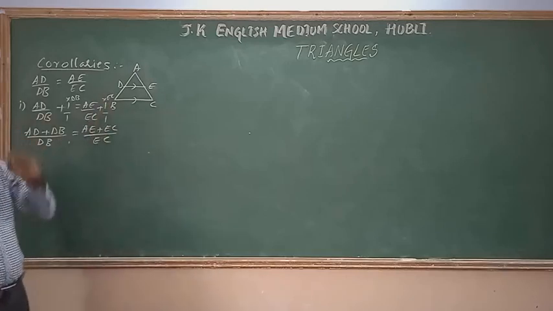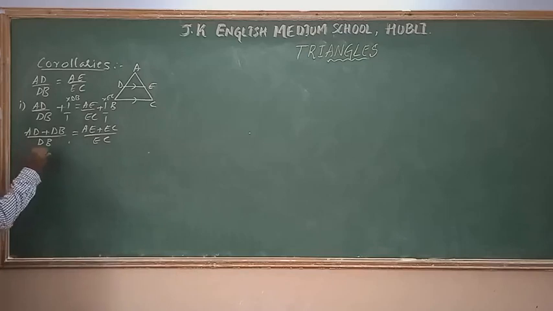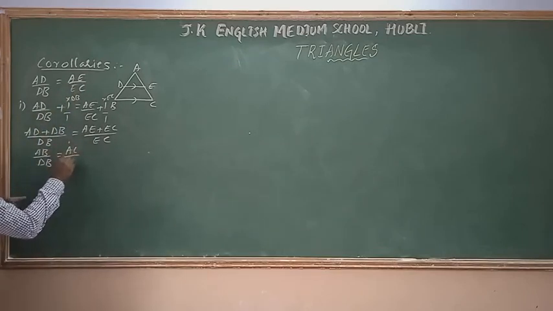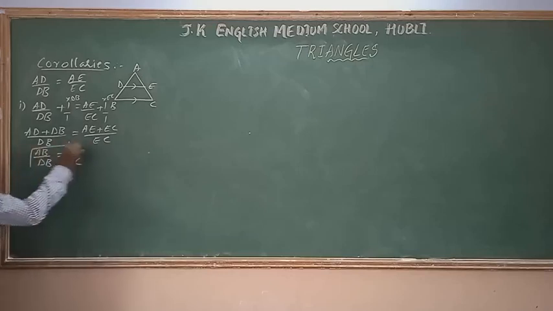So AD plus DB is AB, so AB upon DB is equal to AE plus EC, which is AC upon EC. If you are supposed to write only this formula, you do not need to write the whole thing.